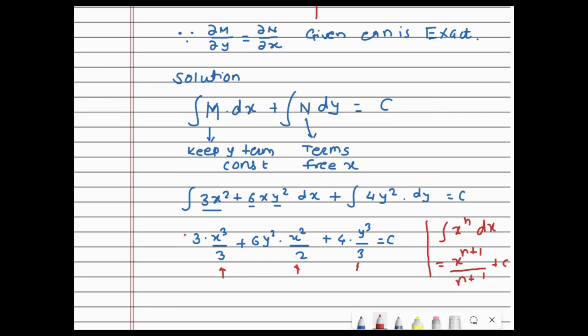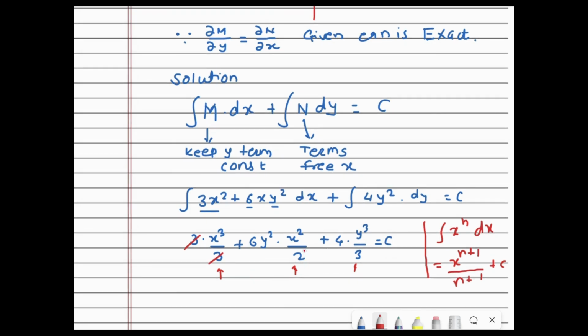Okay, further simplifying, this 3 gets cancelled, this 2 gets cut with 6, it becomes 3. So the final solution of this differential equation is x cube plus 3x square y square plus 4y cube upon 3 is equal to c.